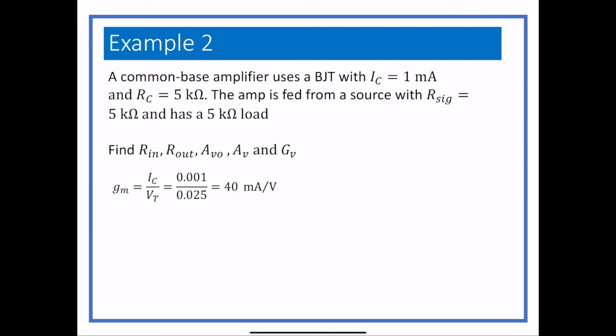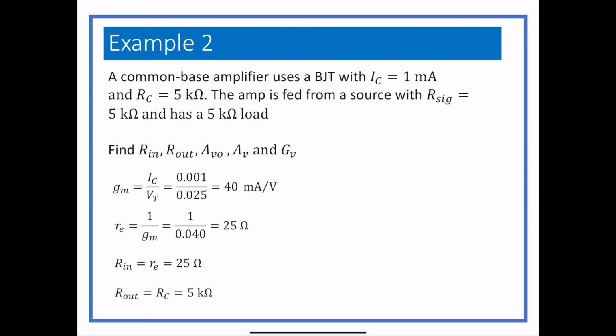Thermal voltage never changes unless you're in someplace really hot or cold. So that value is the same. RE is going to be 1 over GM. Again, that's approximate, but it's close enough to be reasonable. And that means Rin is 25 ohms instead of 2.5 kilo ohms like it was in the last problem. And Rout is the same. It's still 5 kilo ohms.